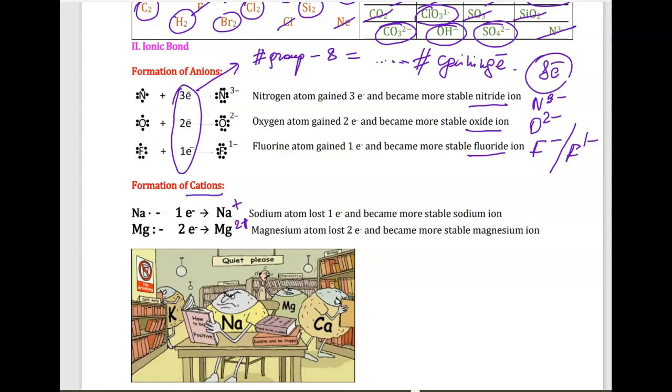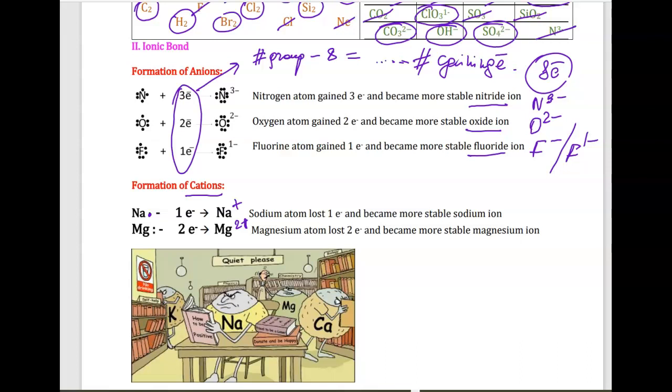So, cations. Metals have a small number of valence electrons, and it's easier for them to become stable by losing electrons than by gaining additional electrons. That's why they tend to form cations. Sodium has 1 valence electron, that's why there is 1 dot, because it's group 1A.